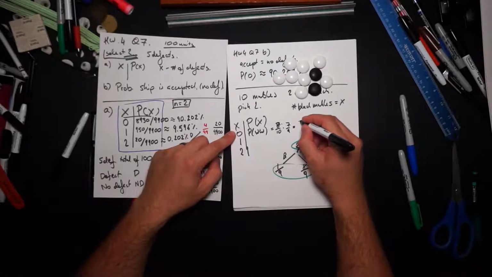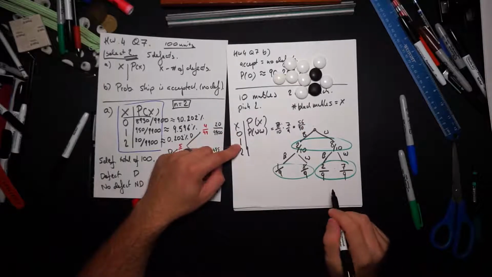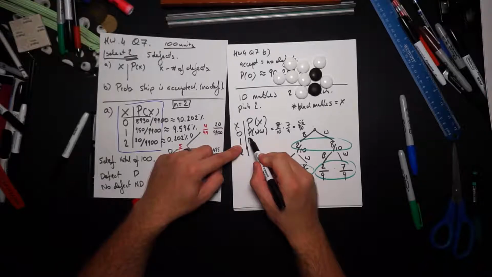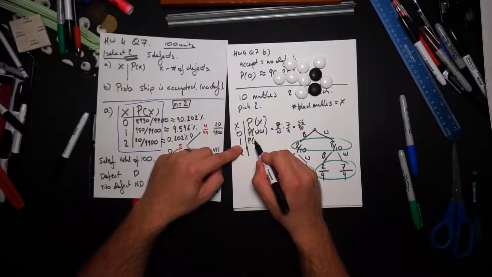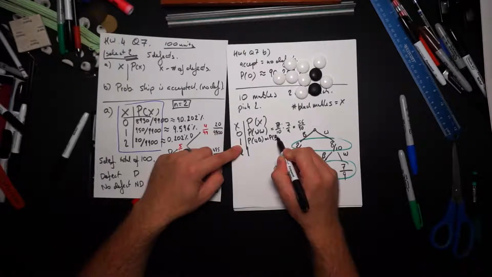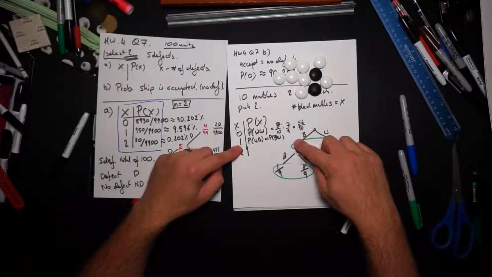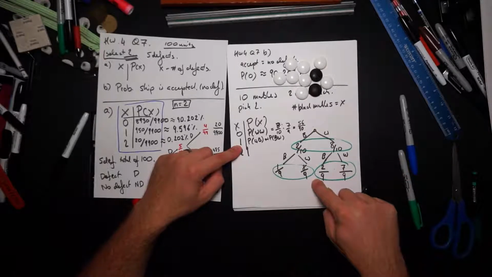So that's 56 over 90. If I want to pick 1, then it's either black white or white black.